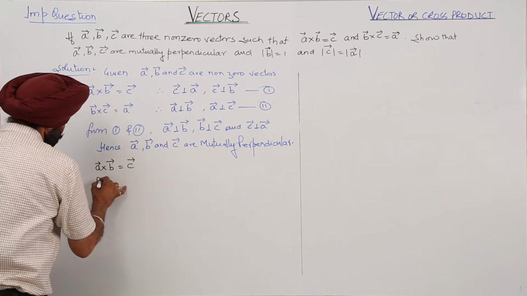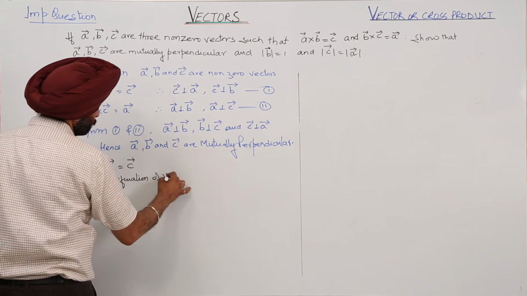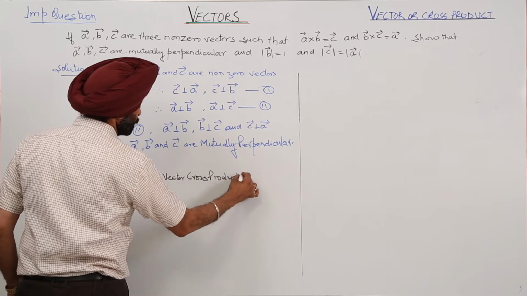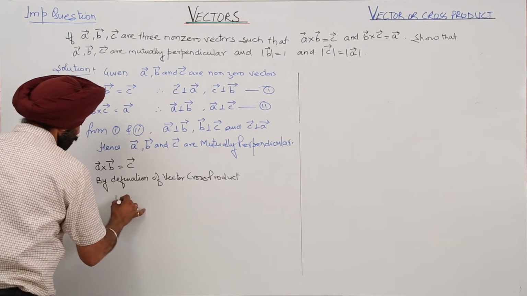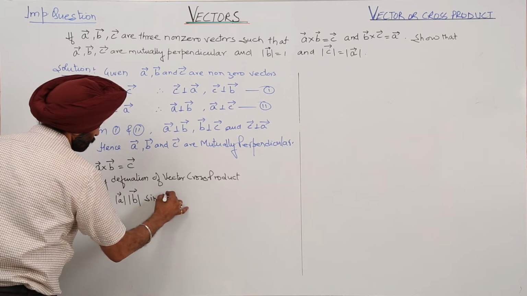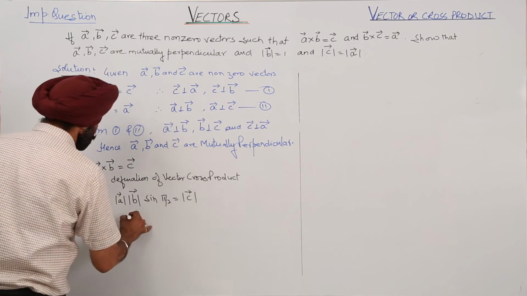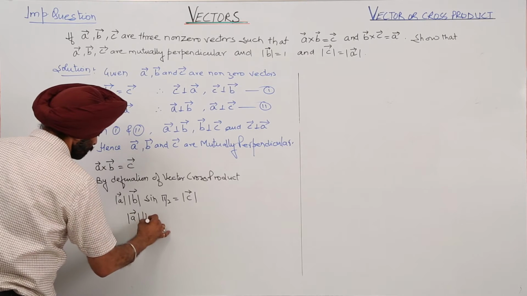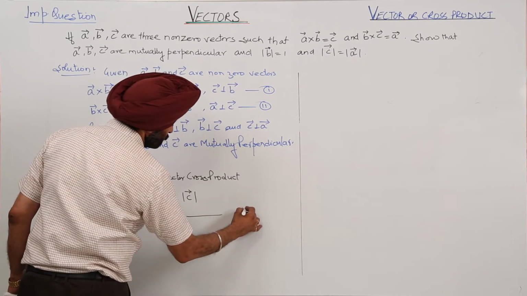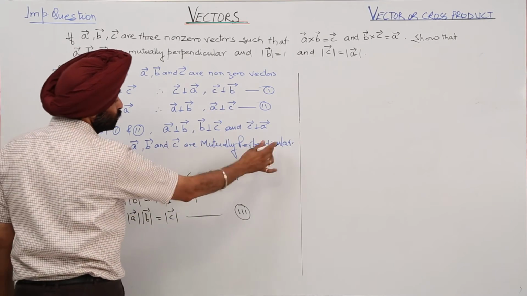Now, by definition of vector product or vector cross product, magnitude of vector A, magnitude of vector B, sine pi by 2 is equal to magnitude of vector C. So magnitude of A times magnitude of B is equal to magnitude of vector C. Now let this be equation number 3. Why pi by 2? Because we have proved that these are mutually perpendicular.